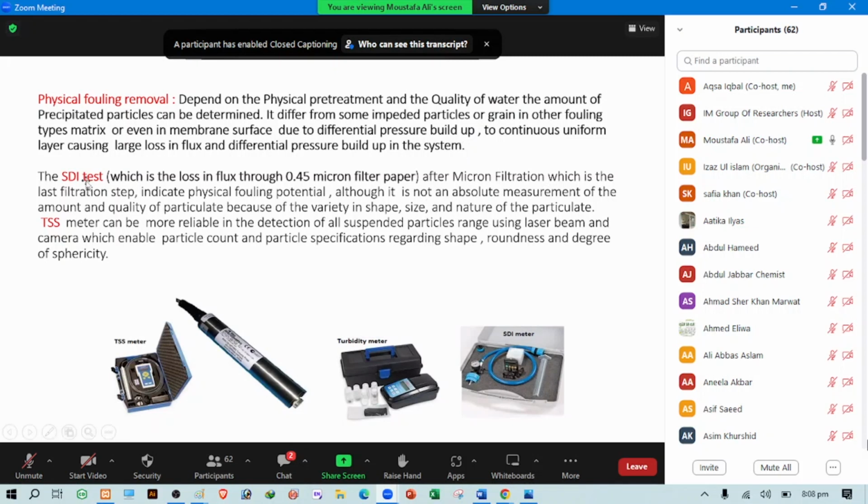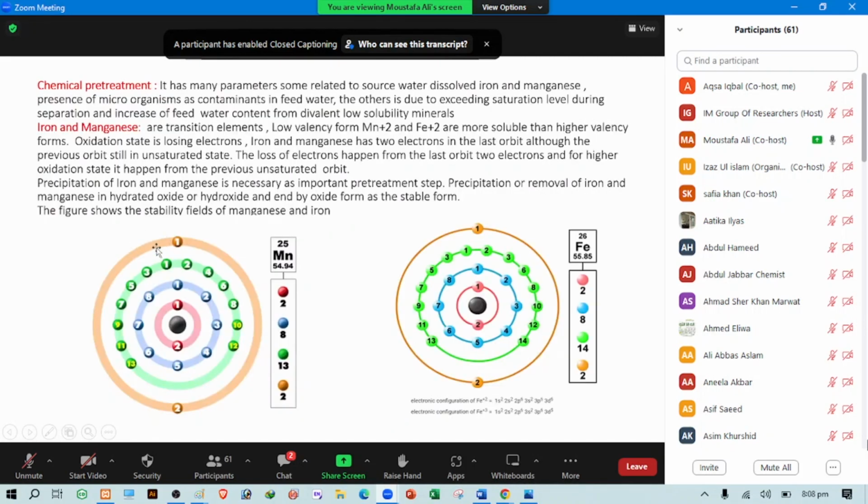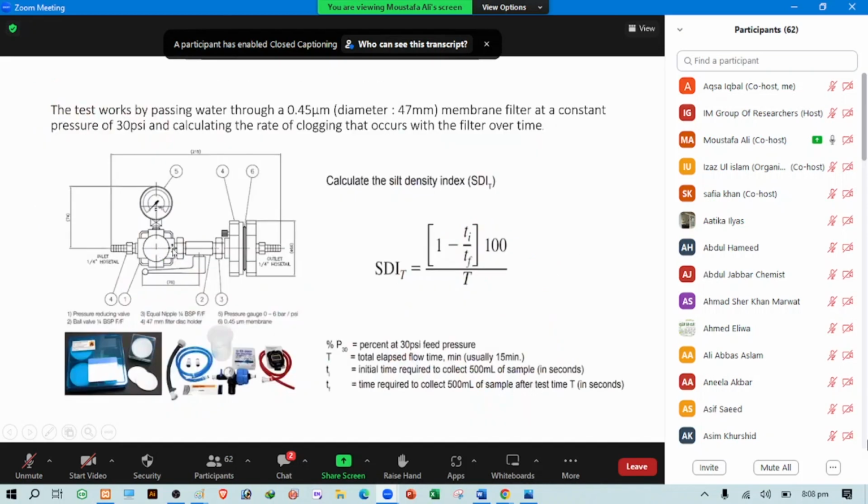For the SDI, we can find this instrument which consists of a pressure regulator to control the applied pressure of around 2 bars. At the same time, this filter housing uses a 0.45 micron filter paper, as we see, and it's polyamide, of course.